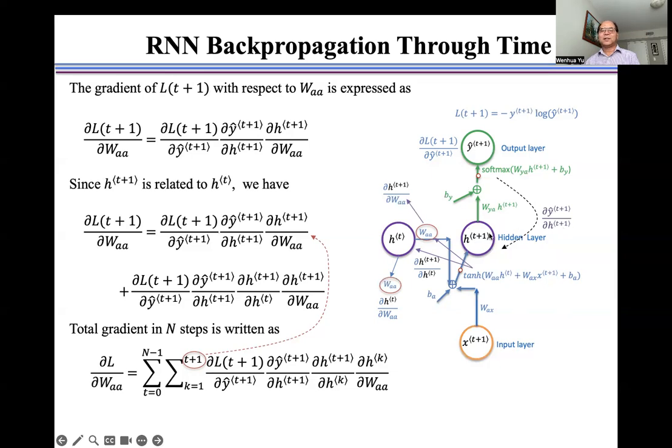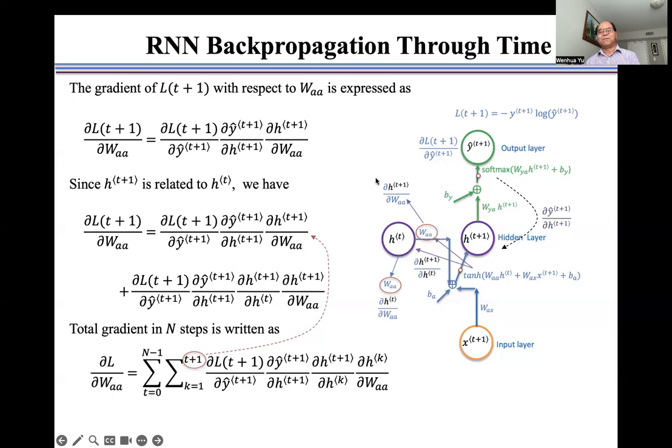Because of this t+1, we have 2 contributions. One is from the current W, one is from the previous W in a previous cell through this previous hidden state. So we need to calculate them separately.